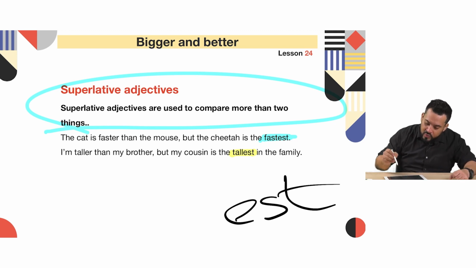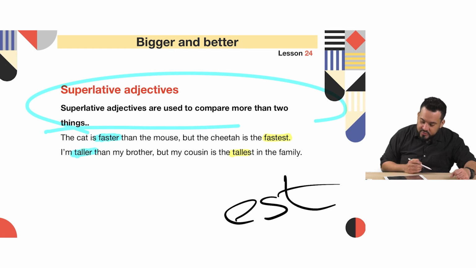So the one that is highlighted in yellow is the superlative, and the one that is highlighted in blue is a comparative. So taller is a comparative, faster is a comparative.